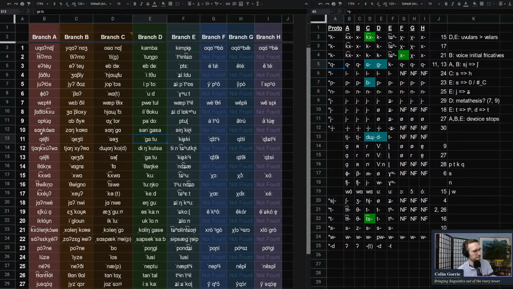I wouldn't expect it to back next to so many front vowels, though. So maybe it is a uvular. Maybe it is actually this.